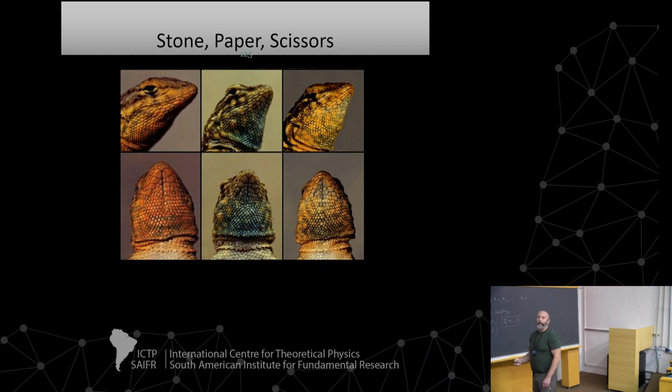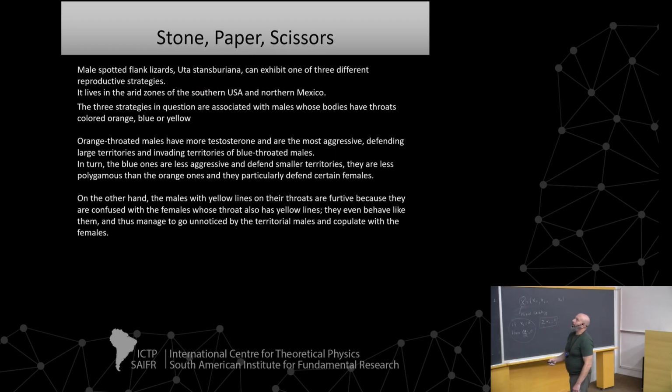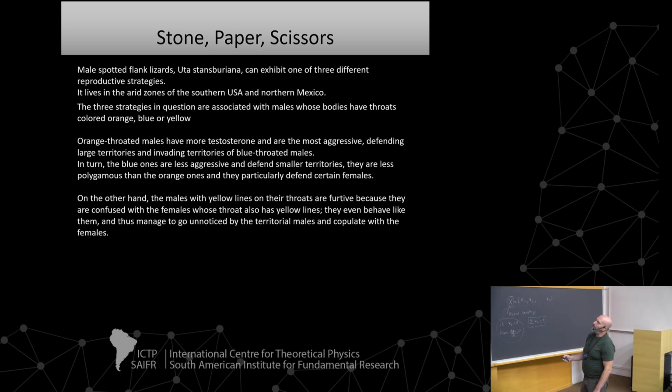And they behave differently according to the color. The orange throated males have more testosterone and they are aggressive. They defend large territories and they invade other territories, and mainly they invade the territories of the blue because the blue are not so aggressive.